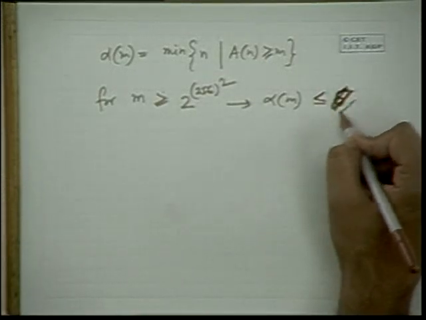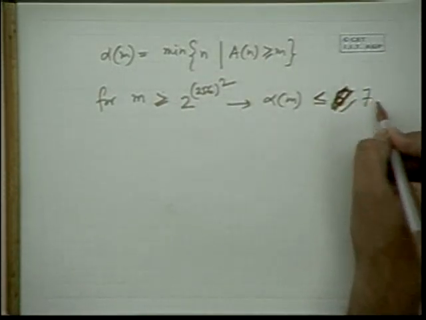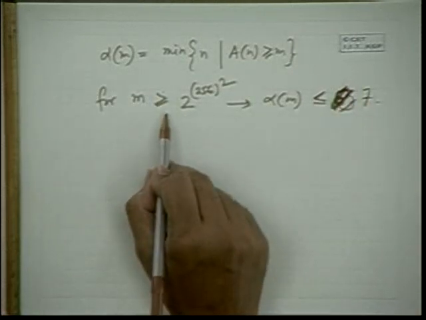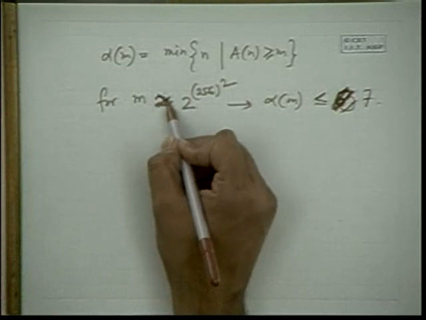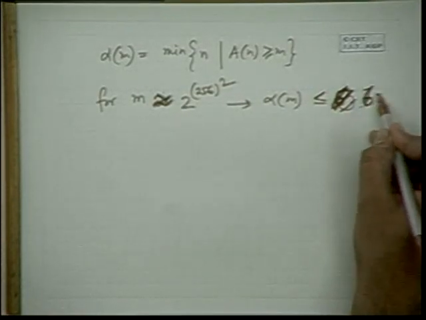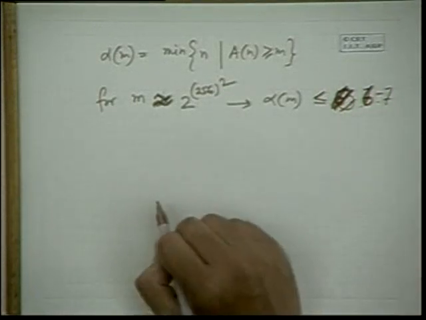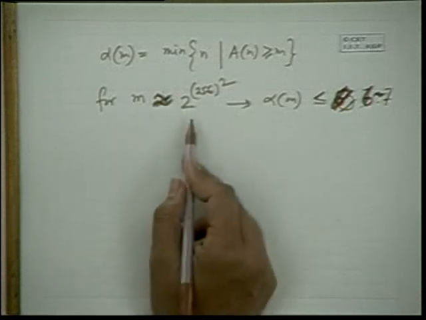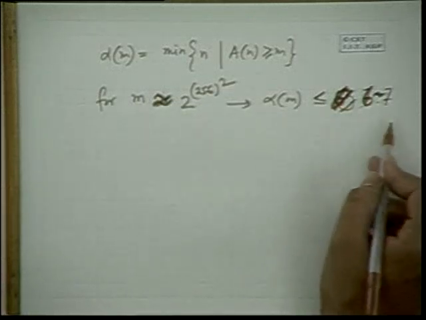Since I have put square, put it less than 7. So m is in the range of this, alpha m is less than or equal to 6 or 7, 6 to 7 basically. Just to put 6 to 7, m is in this range, alpha m will be in this range.